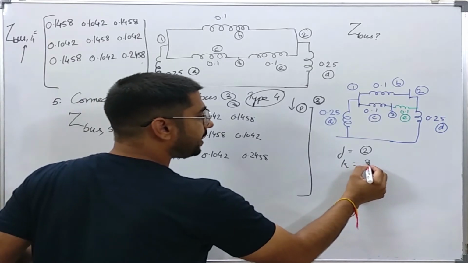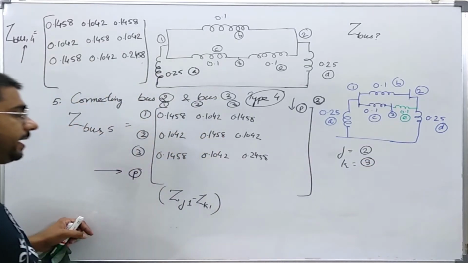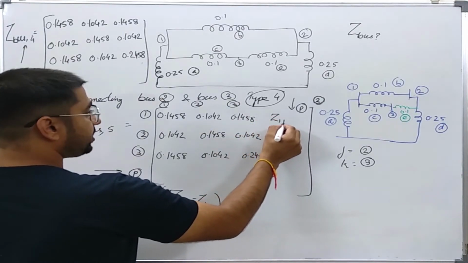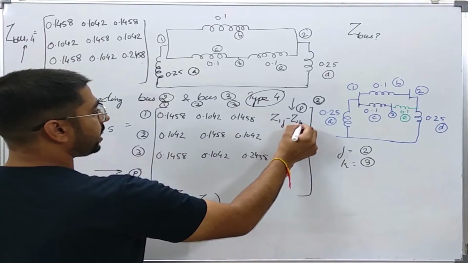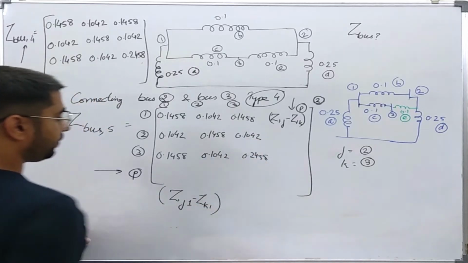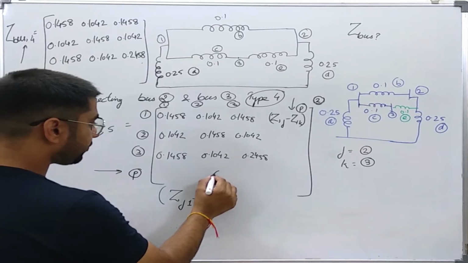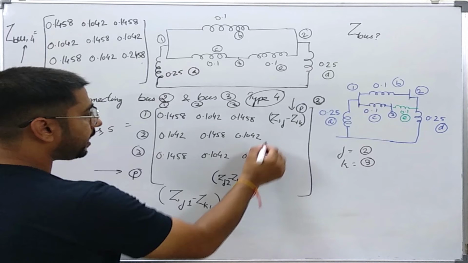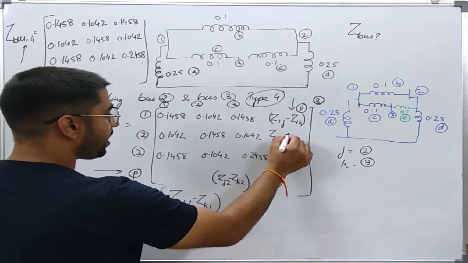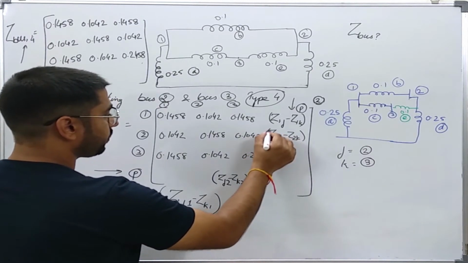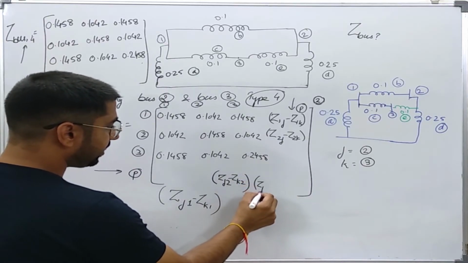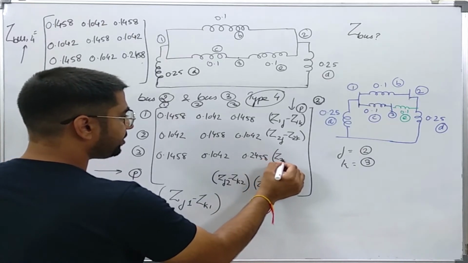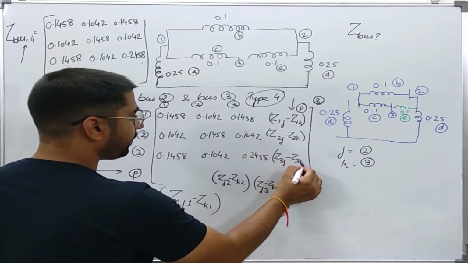So K is equal to 3 here. Similarly, this will be Z1J minus Z1K. Similarly, this will be ZJ2 minus ZK2, and Z2J minus Z2K, and this element will be ZJ3 minus ZK3, and Z3J minus Z3K.